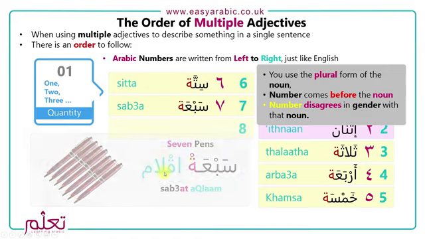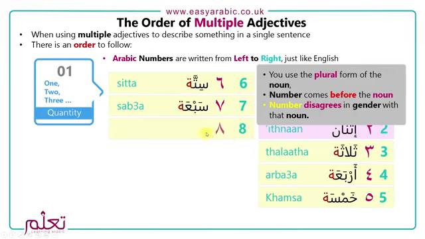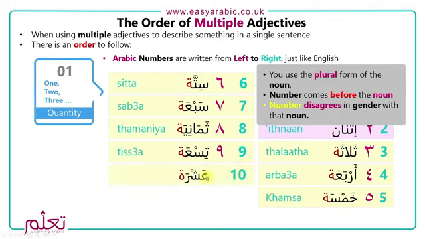Number 8 is ثمانية. I'm not going to do any more examples because the rule is exactly the same for all of these. 9 is تسعة, and then 10 is عشرة.